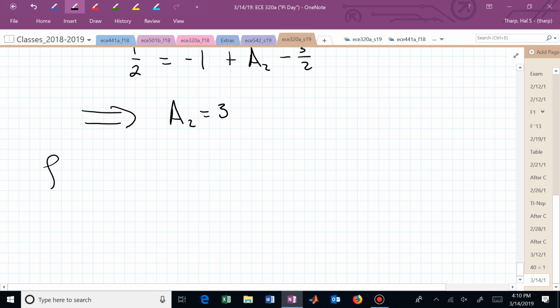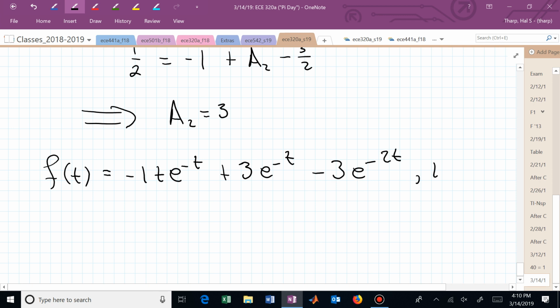Now I can write down what f of t is. F of t is a1, which was minus 1, times t e to the minus t, since it was associated with the repeated pole. A sub 2 was 3, e to the minus t, and then we had a sub 3, e to the minus 2t, and that's true for t greater than or equal to 0.